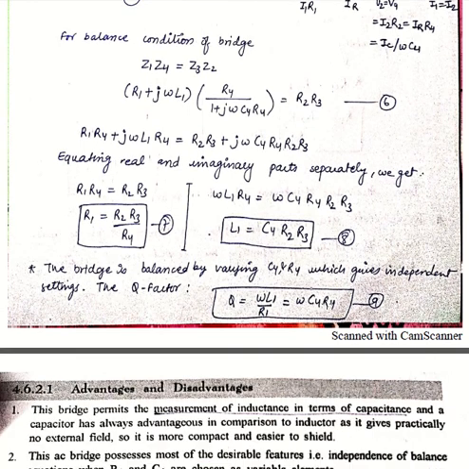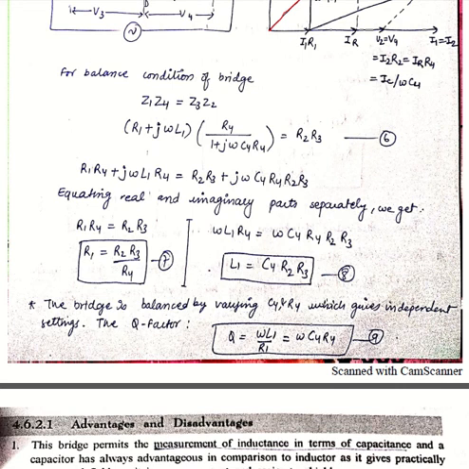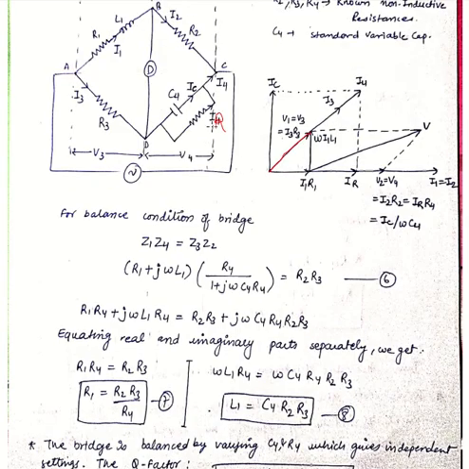Now coming to the bridge balance condition, we have Z1 Z4 is equal to Z2 Z3. Now Z1 is equal to R1 plus j omega L1, multiplied by R4 divided by 1 plus j omega C4 R4, is equal to R2 R3.